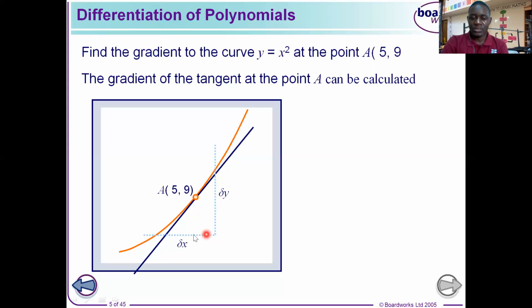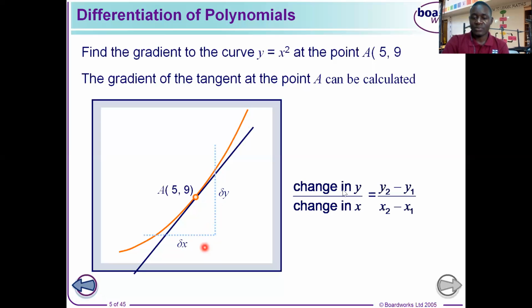If you were doing that using a graph, you complete the triangle and then find the change in y value to the change in x value, using the formula y2 minus y1 over x2 minus x1, that will give us the gradient. But like I said, this lesson is addressing the calculation of gradient using differentiation.